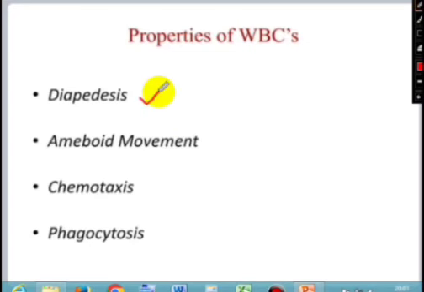It means they can squeeze through tiny vessels. Okay, that is diapedesis. Now you need to go and look at the properties of white blood cells. But I'll just mention them for you: diapedesis, amoeboid movements, chemotaxis, and phagocytosis. Okay, go and look at the meaning of all of that.